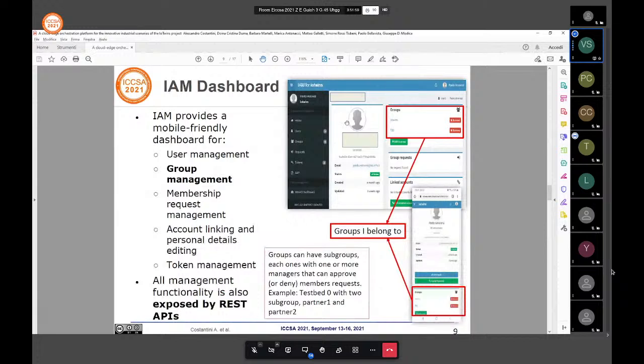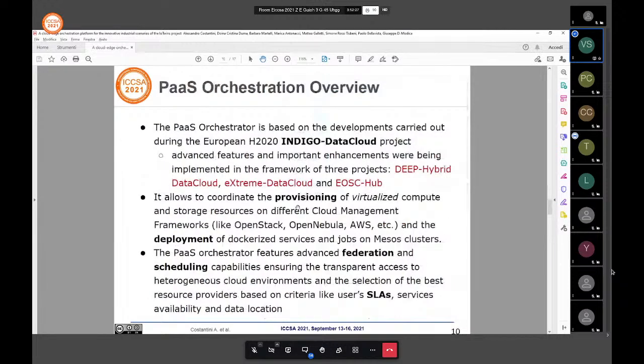IAM also comes with a dashboard for easy and intuitive operational activities. The important part is that it supports group and subgroup management, and is able to give different rights to different people. And also, like the other services that we'll see in a while, it is exposed by REST APIs.